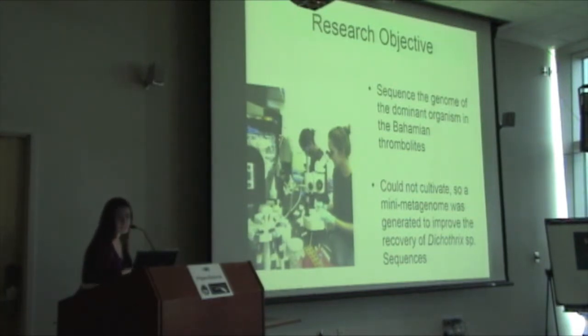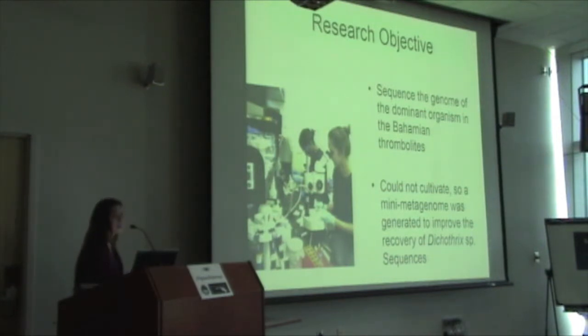Dichothrix was the species that was focused on because it was, again, the dominant cyanobacteria. Since it's a cyanobacteria, it goes through photosynthesis and is able to take out calcium carbonate, and we want to better understand how it's able to do that. We can do this by sequencing the genome of the Dichothrix, which we believe is the dominant organism in the Bahamian thrombolites.